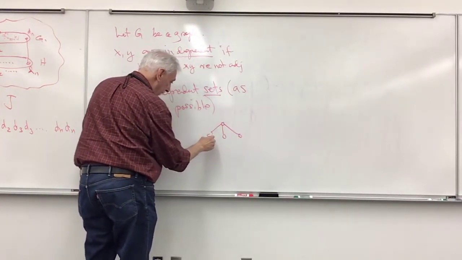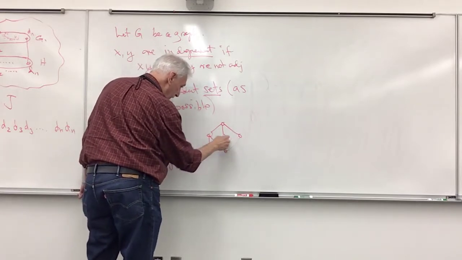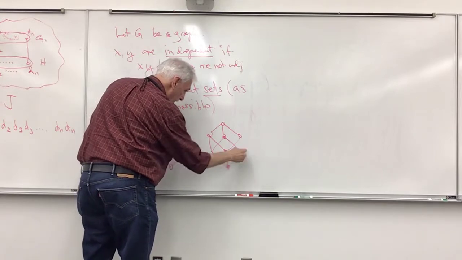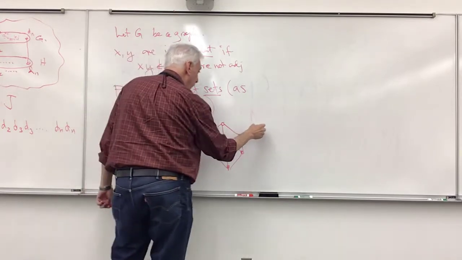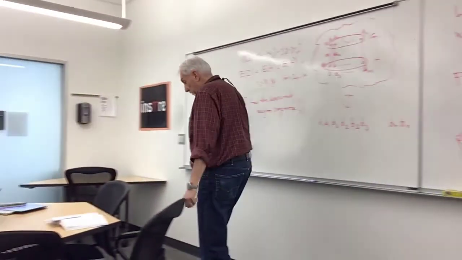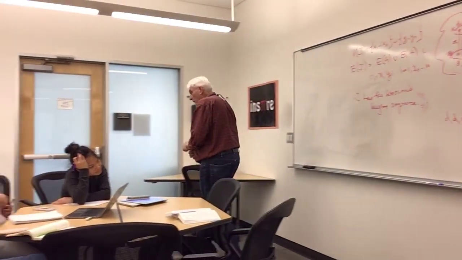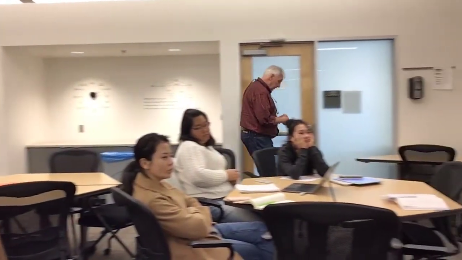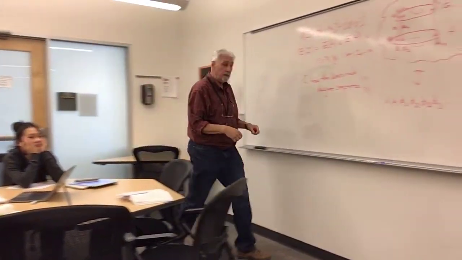What about, and you probably realize that this is my favorite graph, Q3? Well, Q3 is better known as the three-dimensional cube, from over here it looks like a cube. You can find a set of 4 independent vertices.